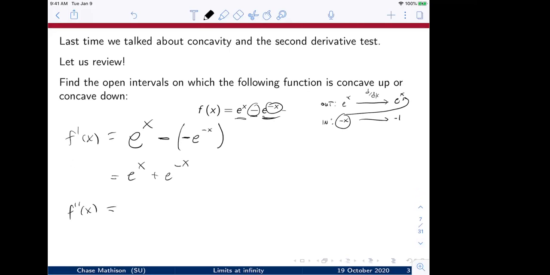Now I take a derivative of that. What's the derivative of e to the x? E to the x, yeah, it hasn't changed in the last 10 seconds. Plus, what's the derivative of e to the minus x?